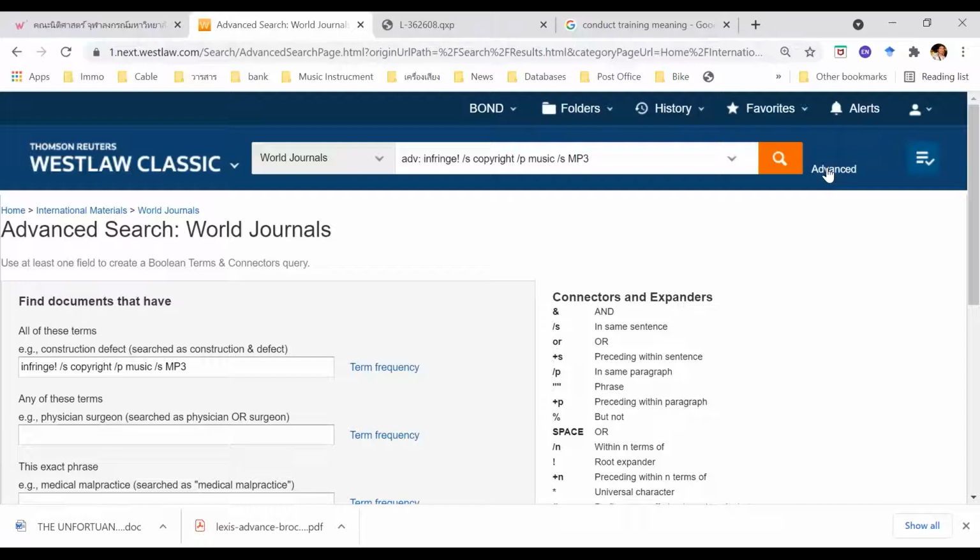terms. So I bring you to this one. It's more advanced on this. /n. /n means you can control the distance between each word.